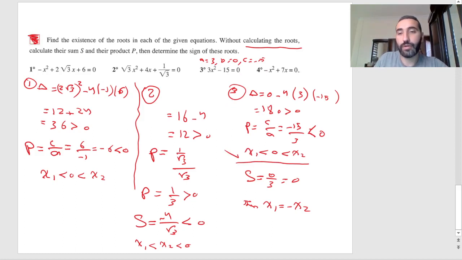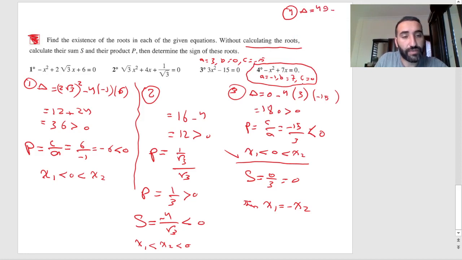Number 4. Let me solve number 4 here. In number 4, a is equal to negative 1, b is equal to 7 and c is equal to 0. Delta equals b squared, which is 49, minus 4ac.